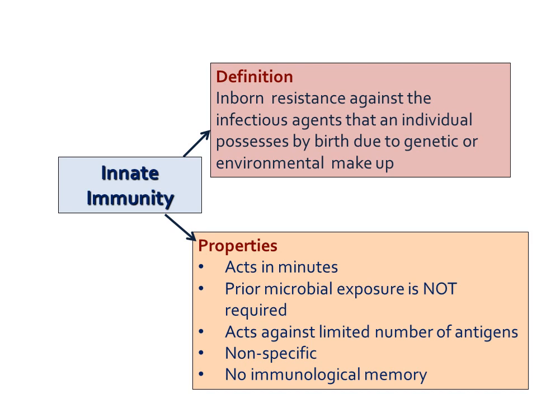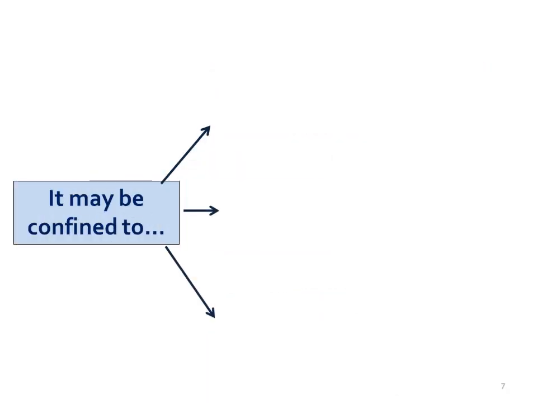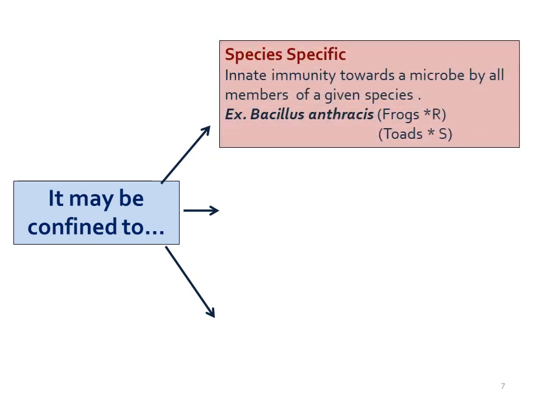It's non-specific, attacking each and every type of antigen that enters the body, and there is no immunological memory following exposure to an antigen. And it may be confined to the species level, race level, or individual level.